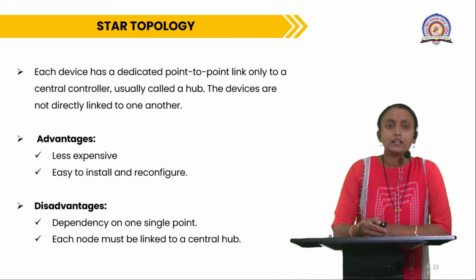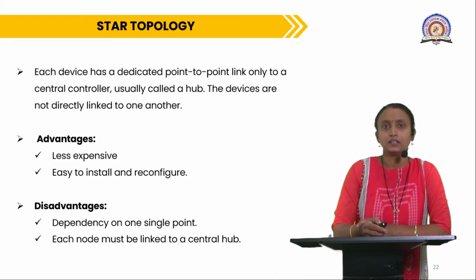Here, each device has a dedicated point-to-point link only to the central controller. That central controller is also known as the hub. These devices are not directly linked with each other. So for transmission, every message always goes through the central hub.